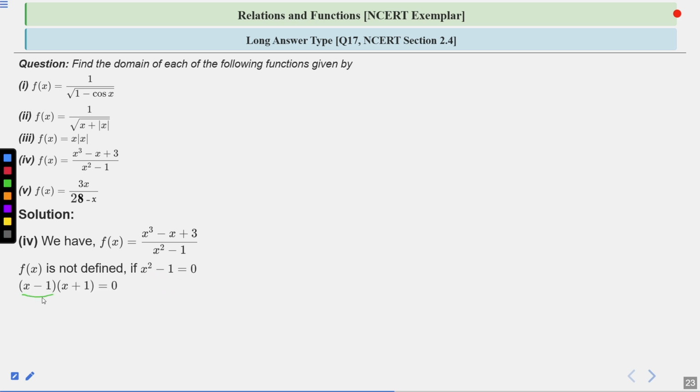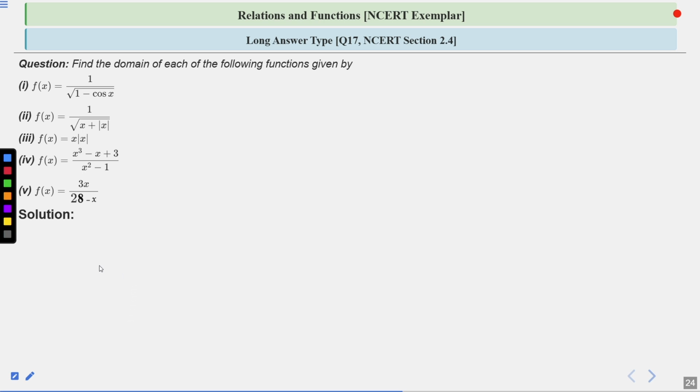We get the factor form x minus 1 times x plus 1 equals 0, which gives two values where the denominator becomes 0. So we exclude these two numbers from the set of reals, because you can plug in any real number except these. These are the only restrictions. So the domain set is all real numbers except minus 1 and 1. Simple.